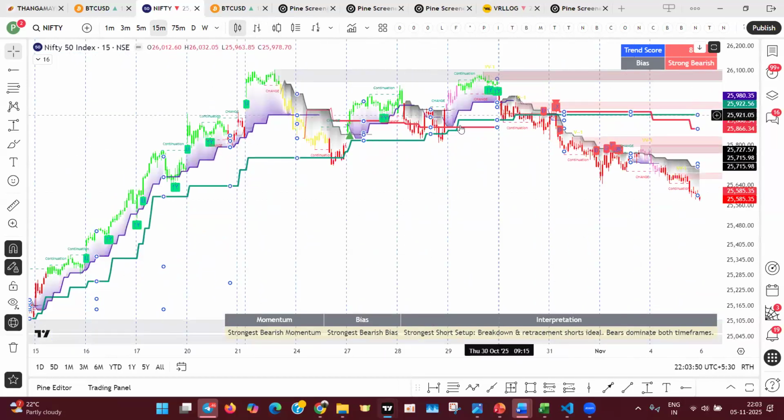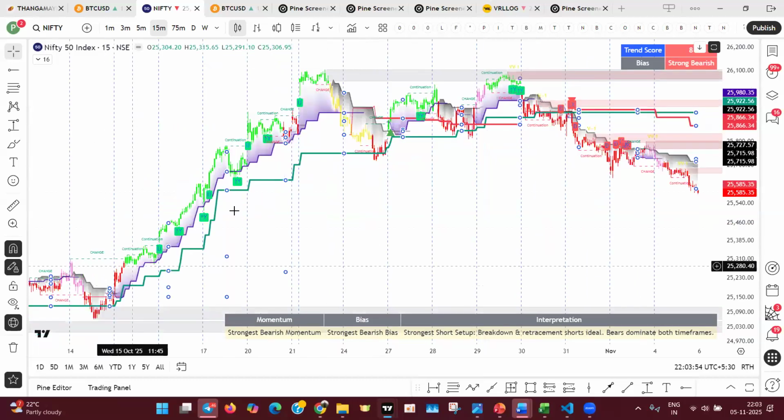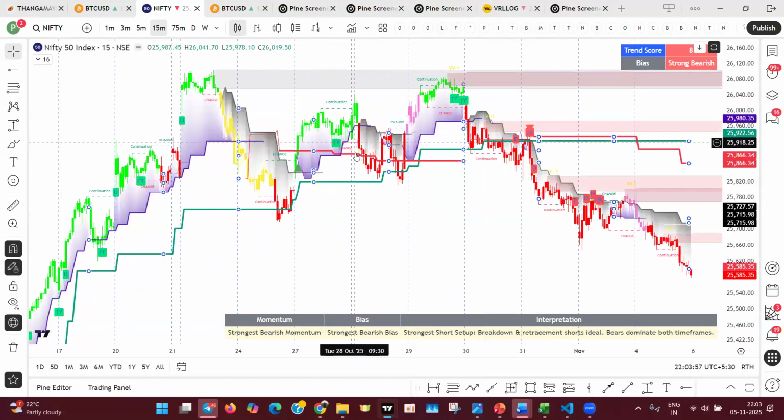There were some buy signals here, but early signals were better. Then these signals failed, and once the price came down below these bands and turned red, you can see sell signals. Here it turned down, went up to give a retracement entry for sellers. Again it came down, went up to give a retracement entry, and price is down.